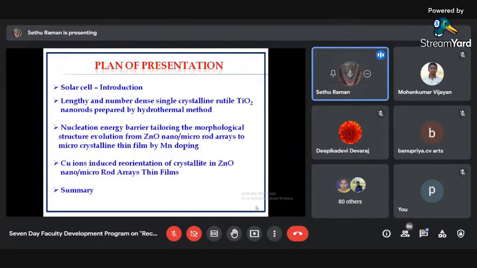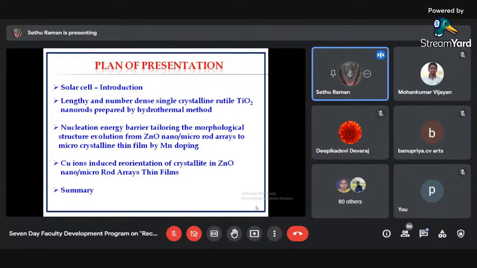So this is the plan of my presentation. I would like to give some introduction about solar cells, and then divide the presentation into three main categories.